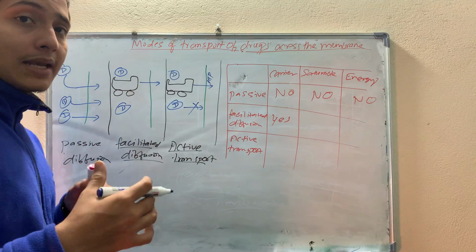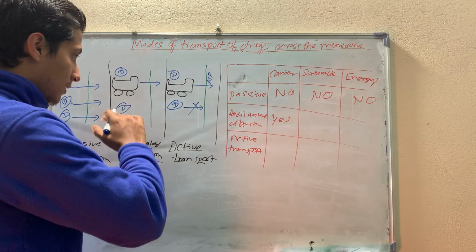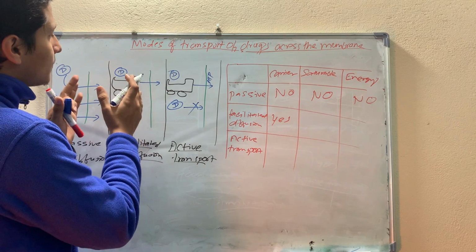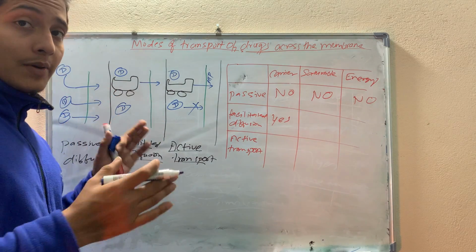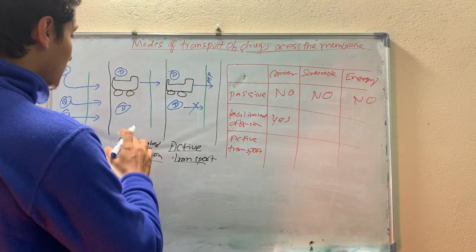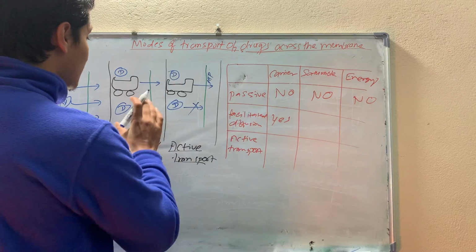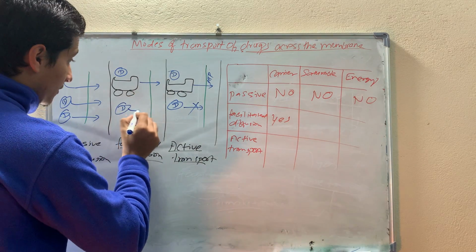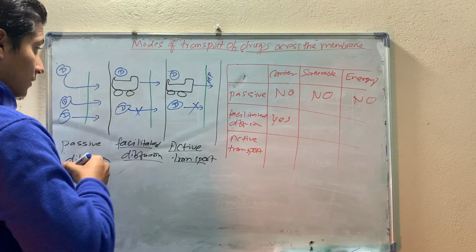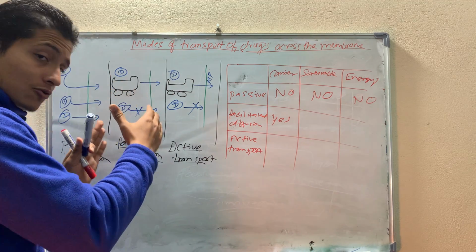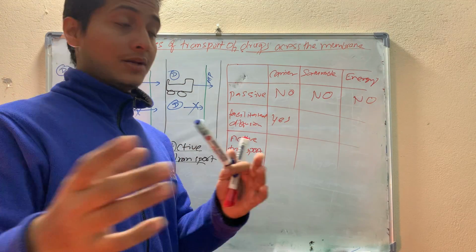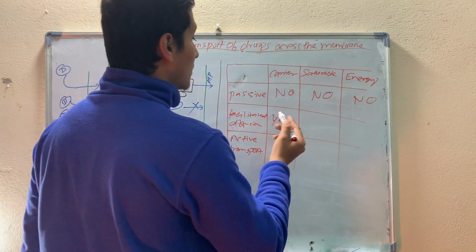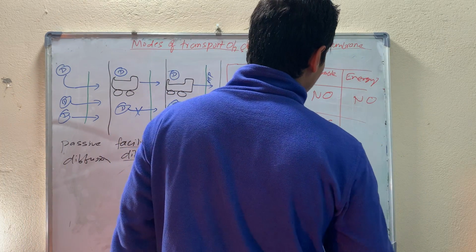The drug doesn't have any place to sit and go across the membrane, because the transporter available here has already been saturated. This means the system is saturable, right? The drug cannot pass because the available transporters have already been saturated. So let's write here, the system is saturable.